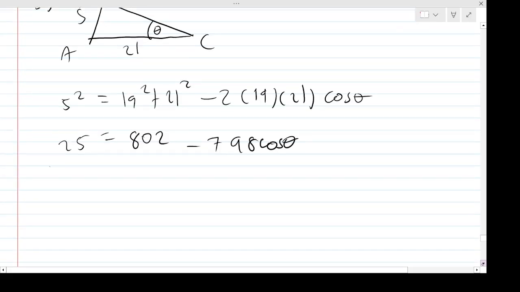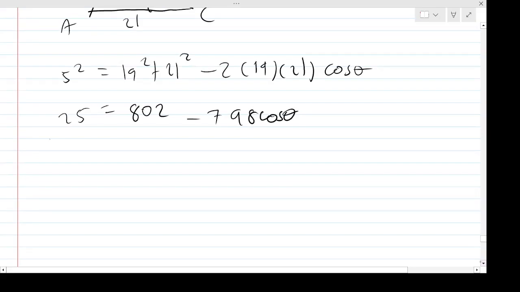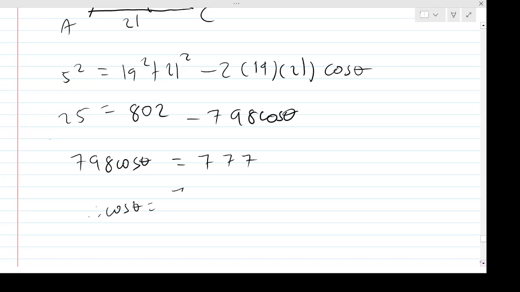So then I can solve for cos theta, right? So that means 798 cos theta is going to be 802 take away 25, so that's going to be 777. Therefore, cos theta is 777 over 798.